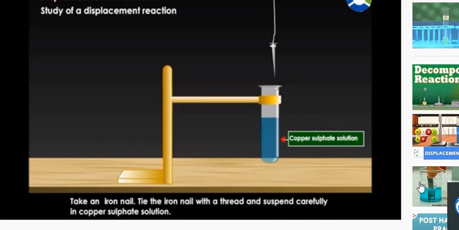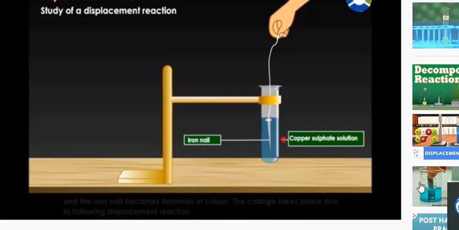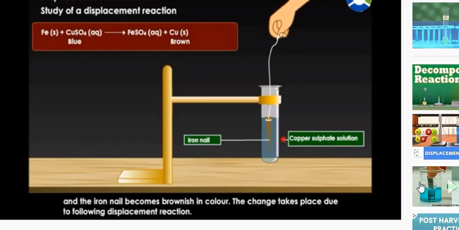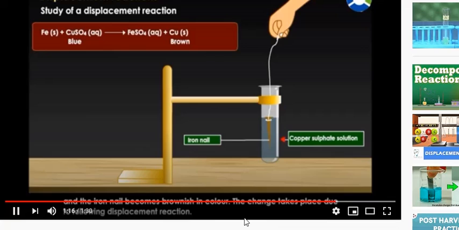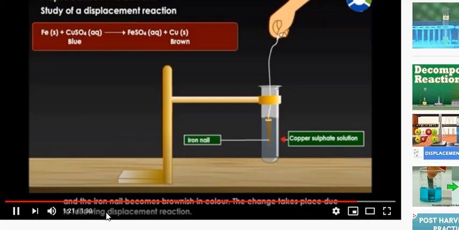Take an iron nail, tie it with a thread and suspend it carefully in the copper sulfate solution. It is observed that the blue color of the solution starts fading and the iron nail becomes brownish in color. The change takes place due to the following displacement reaction: Fe, iron, reacts with copper sulfate, CuSO4, giving ferrous sulfate, FeSO4, and copper, Cu.